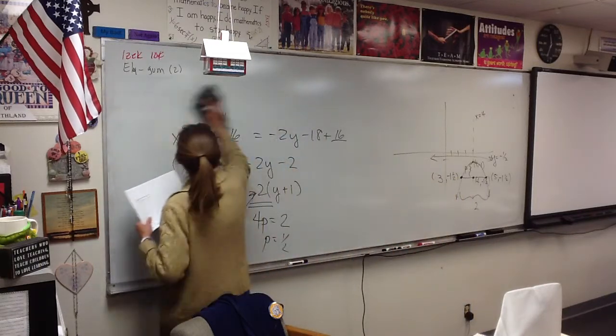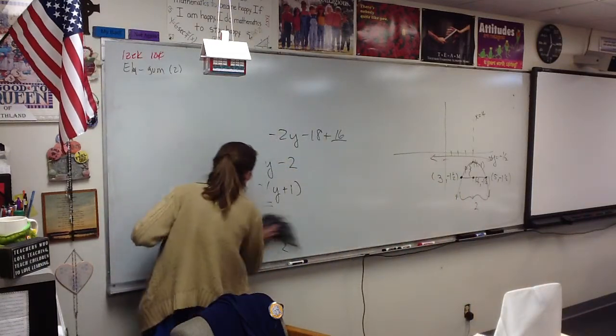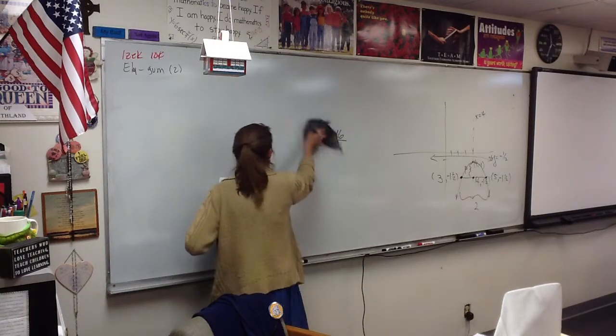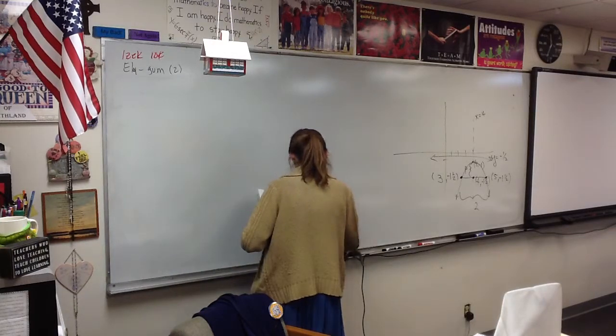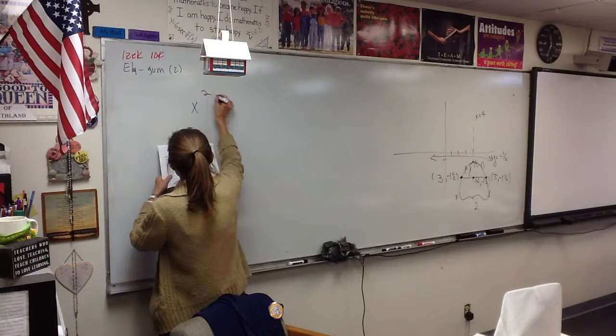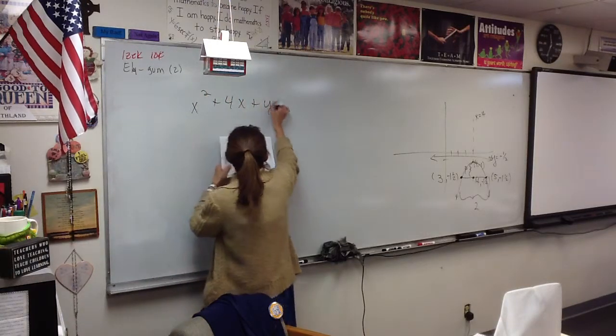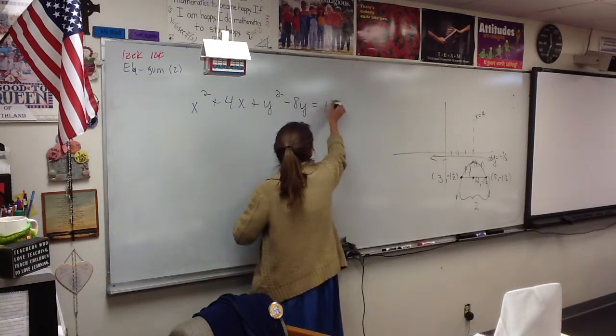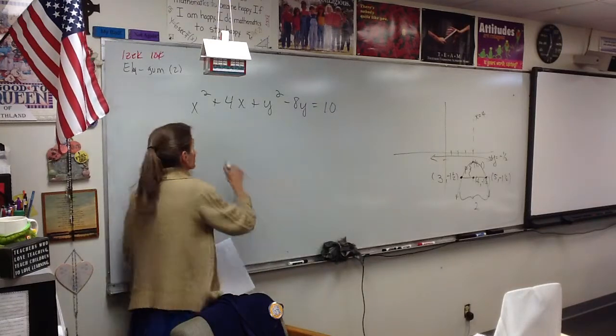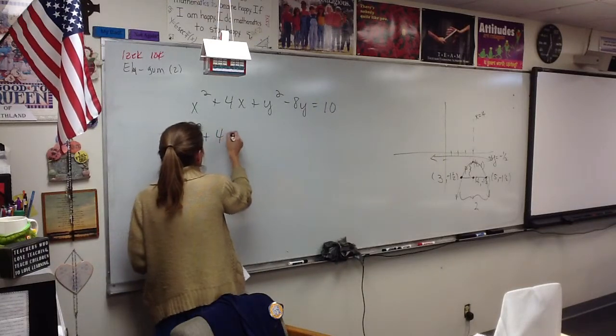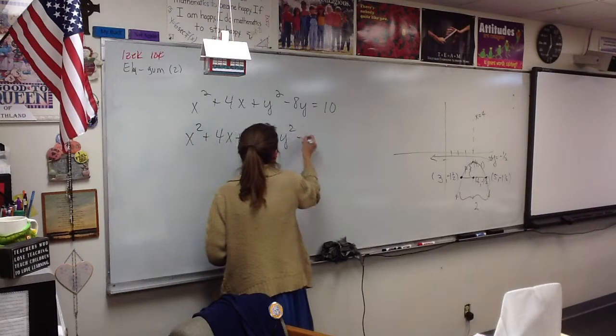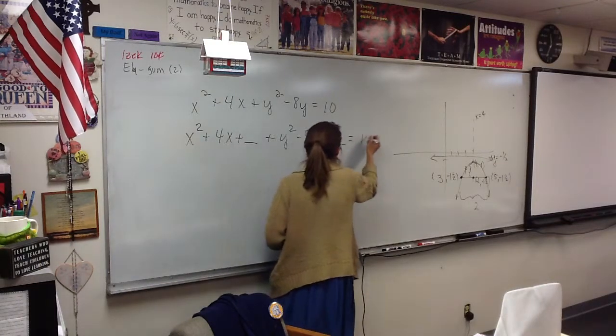What's going on with B? What are we going to have to do? Complete the square twice. So my x squared plus my 4x, my y squared plus my 8y.